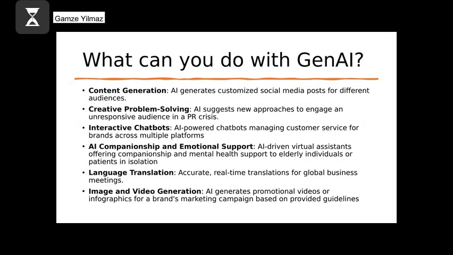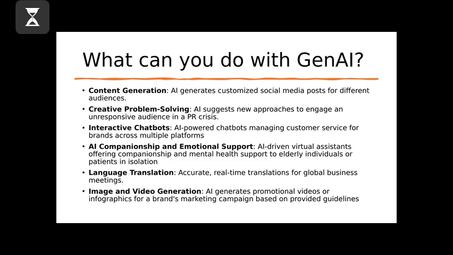So we talked about some main capabilities of AI, but what can we do with AI in the field of communication? On this slide, you see only a few specific capabilities of AI that you can use in a job related to communication. The most important one is content generation.